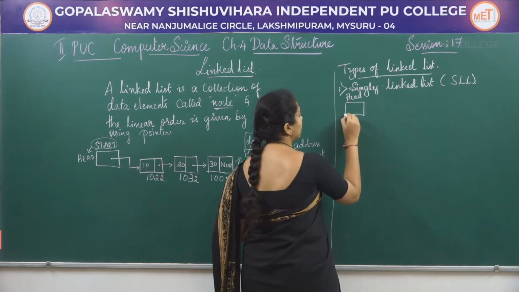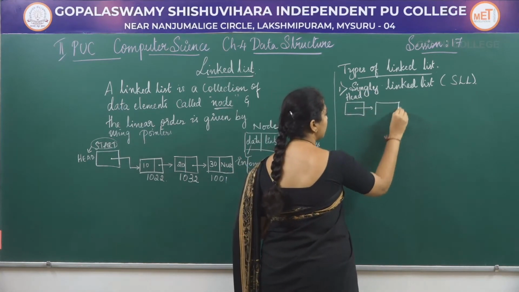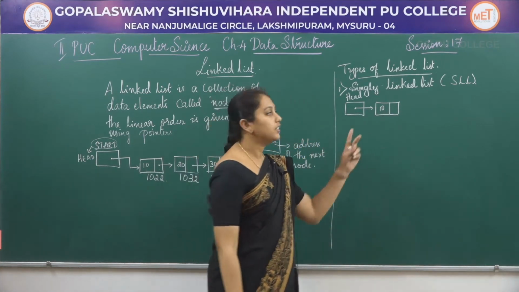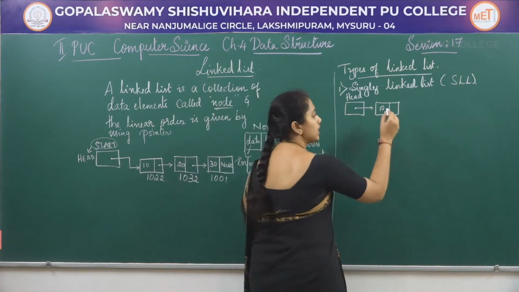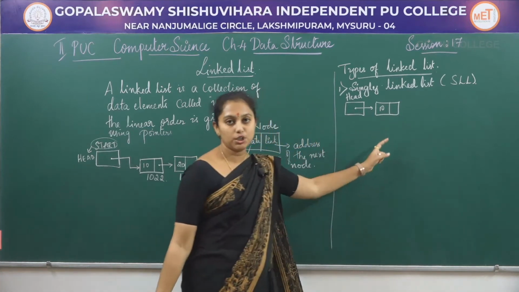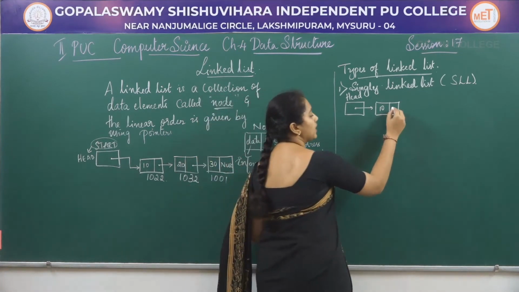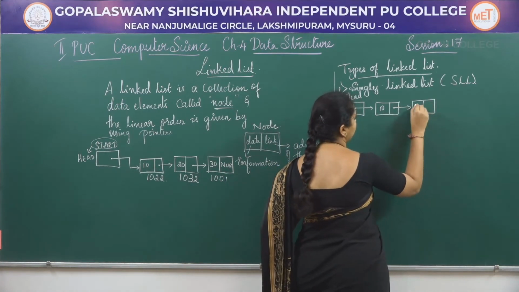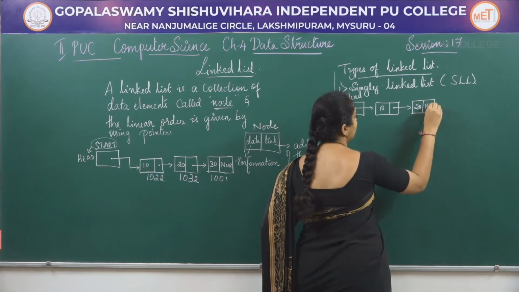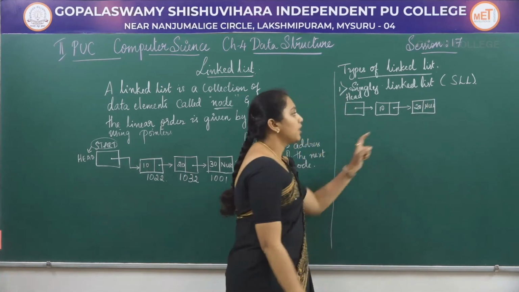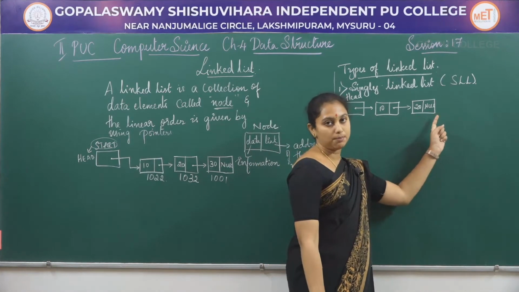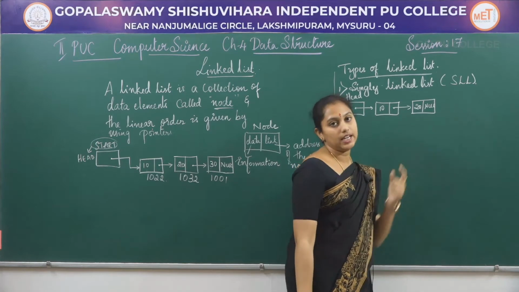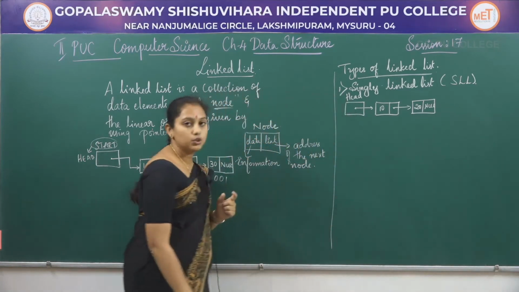This header pointer contains the address of the first node, and this first node contains two parts, the data part and the link part. The data part contains the information of the element, and the link part contains the address of the next node. In the last node, if the link part contains null, it represents the end of the linked list, that is, it does not contain any other node.